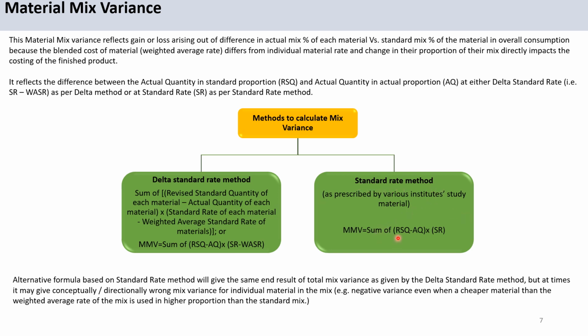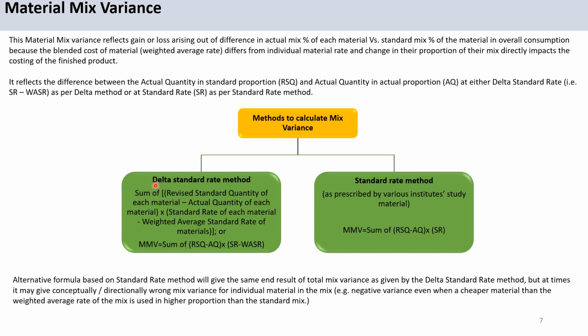It shows the material mix variance as RSQ minus AQ, which is the same here, times SR. So this way also the ultimate result will be the same, but directionally and conceptually sometimes the variance will not be correct, because, for example, if you consume a cheaper material more in proportion compared to the standard mix, then ideally you should get a gain, whereas this method will show a loss, which is not correct.